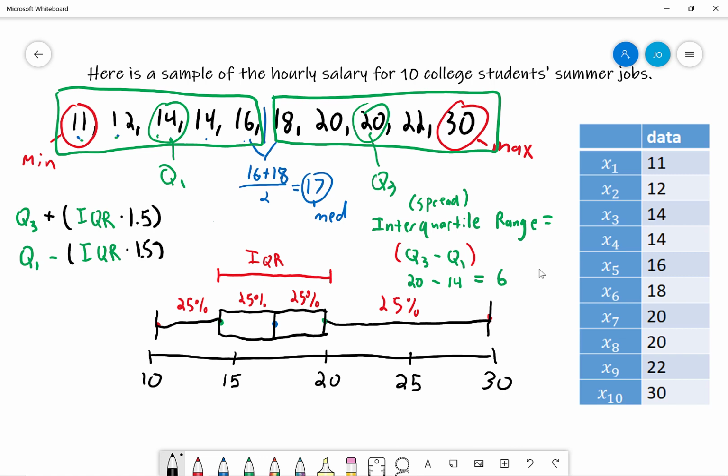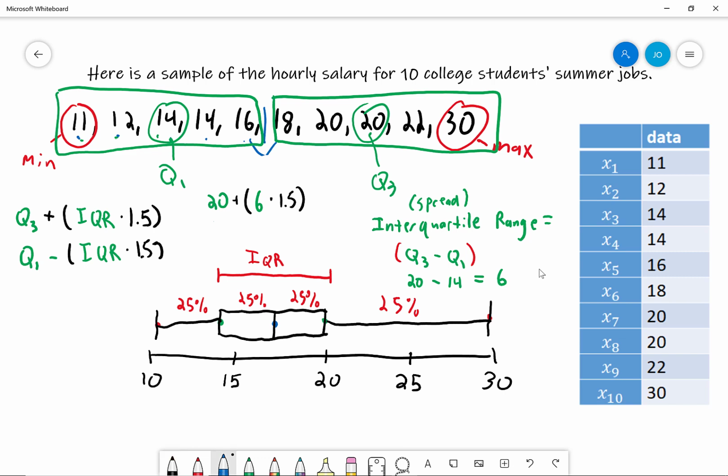In this case, if we were to do this out mathematically, Q3 is 20, and we're going to add the quantity of 6 times 1.5.